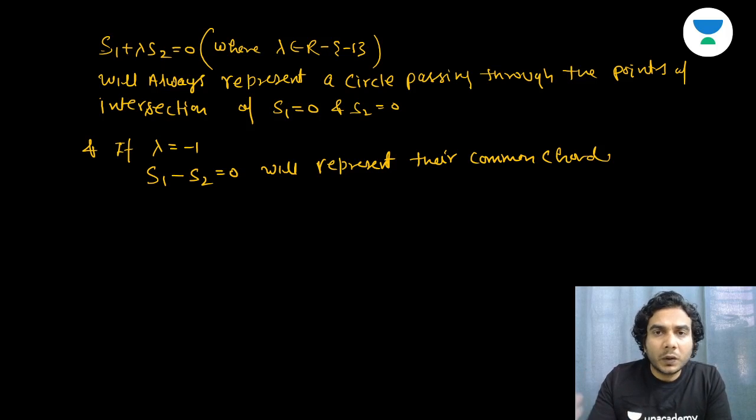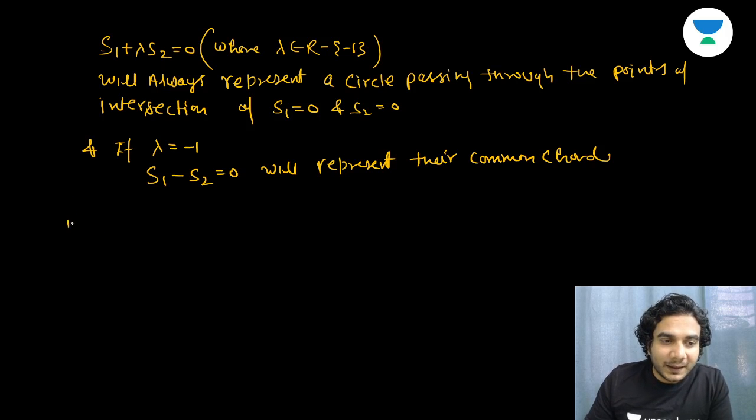We can always call it family of curves if we are not sure which type of curve this is. But if we know that it is a line always, then we can call it family of lines. If it is a parabola always, we can call it family of parabola. If it is a circle always, then we can call it family of circles. So like in this case, it is always a circle, so we are calling it family of circles.